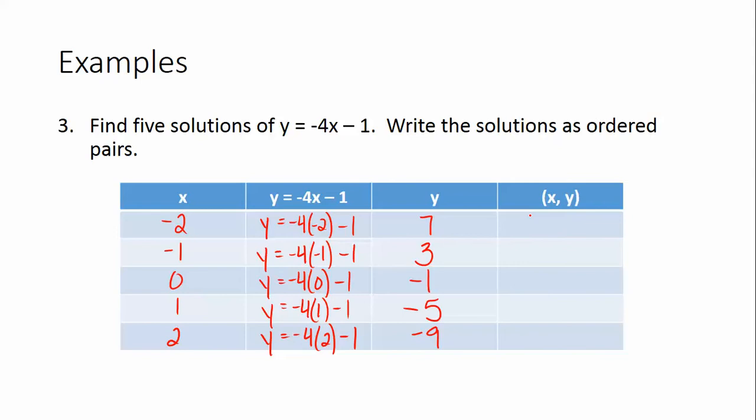So then we write them as x, y ordered pairs: -2, 7; -1, 3; 0, -1; 1, -5; and 2, -9.